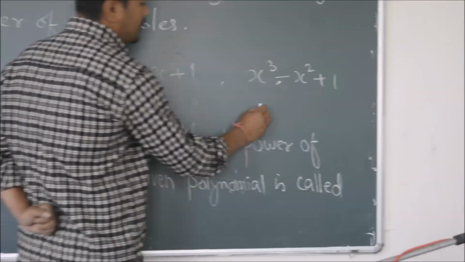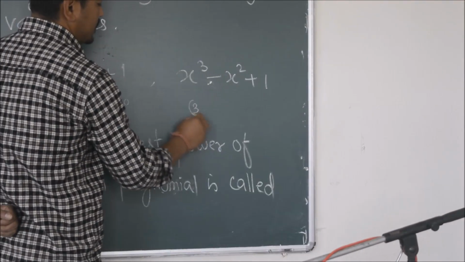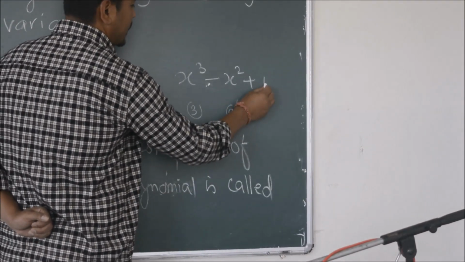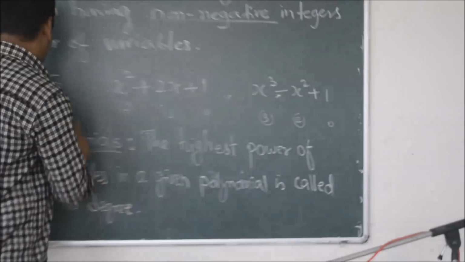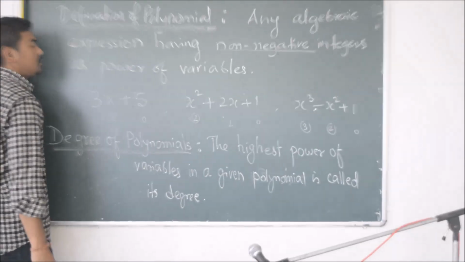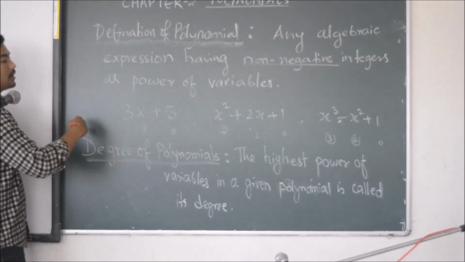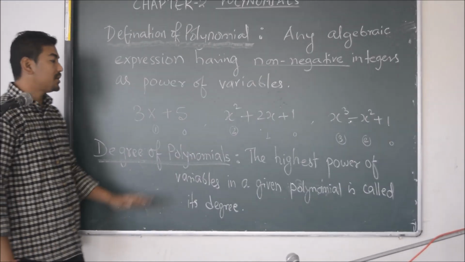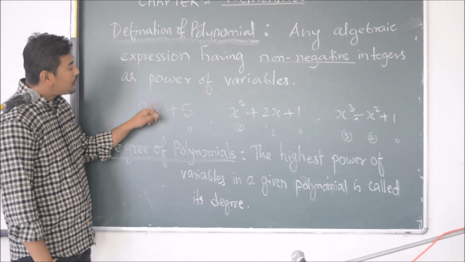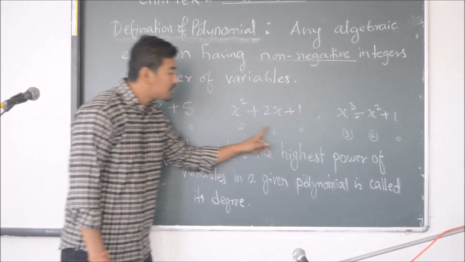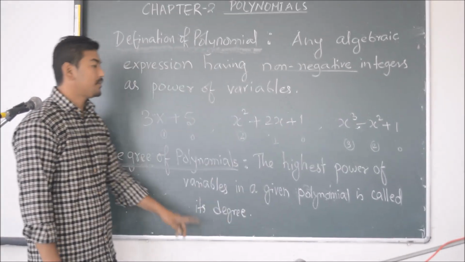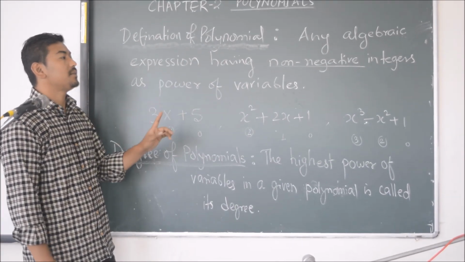So here the power of x is 3. Here 2. And again here there is no x term, so you can assume the power of x as 0. So in fact here also you can assume the power of x as 0. So if you see all these polynomials, the common thing is that the power of the variable, that is the power of x, will be either positive integers or 0. They never become negative integers.